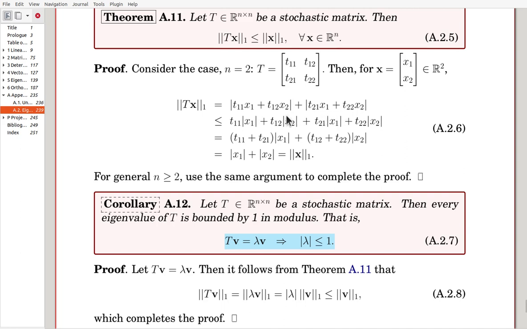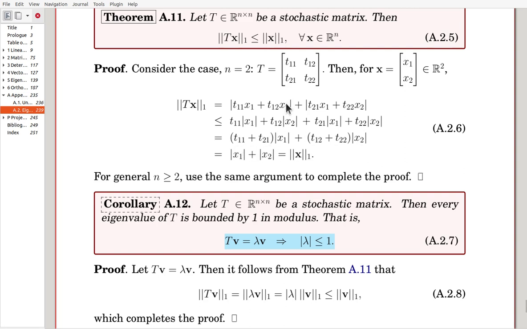Now, from elementary mathematics, we know that the absolute sign can be applied to each one with this inequality. Now we rearrange the terms. For the absolute value of x1, we have these two, t11, t21. For the absolute value of x2, we have t12, t22. So we put here.